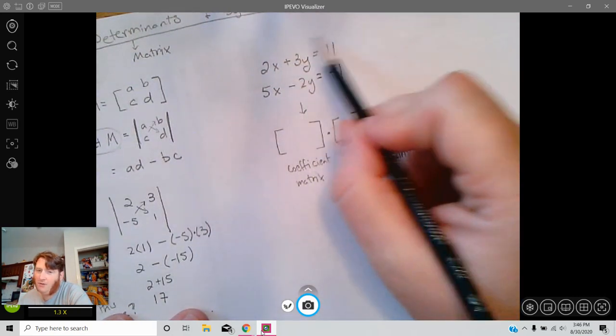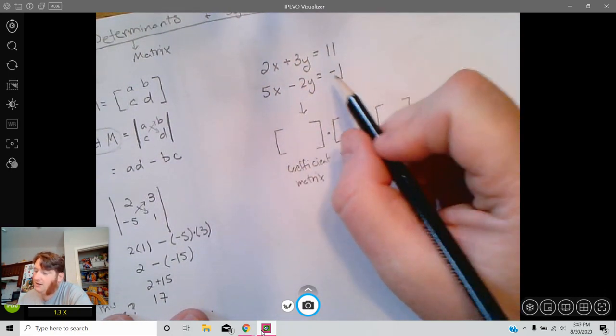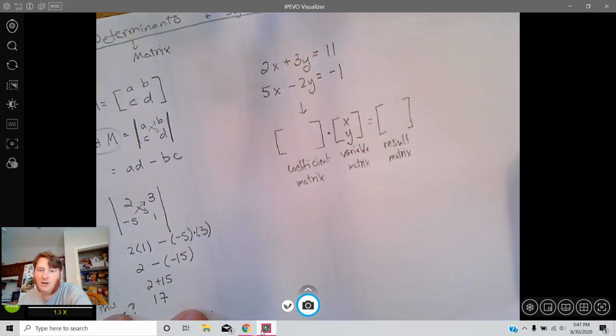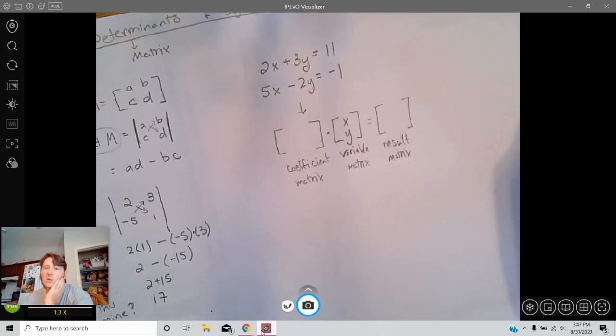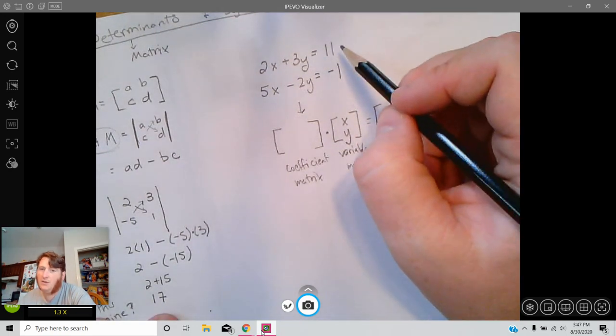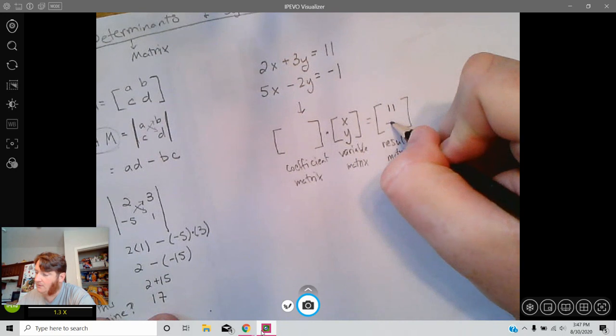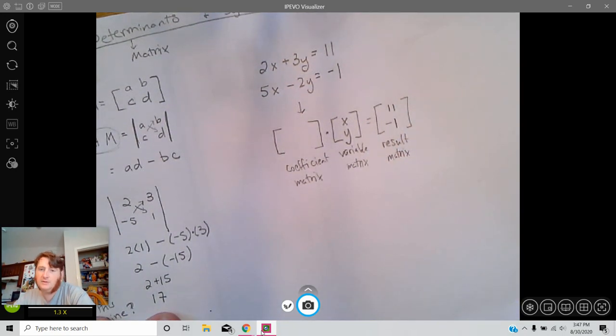And so it's going to take all this information and rewrite it in a new form. The X and the Y are in the variable matrix written in a single column. The answers from up here are what I call the results. And they're still written in a column.